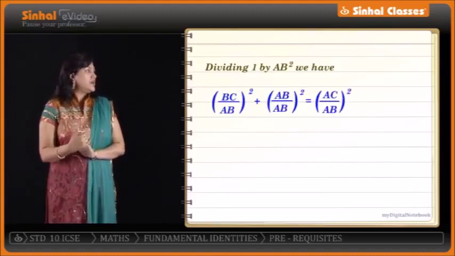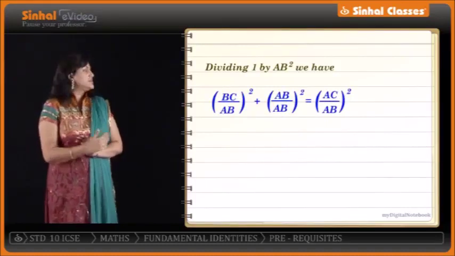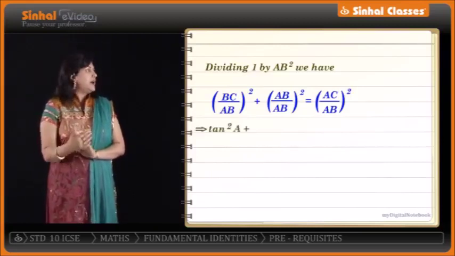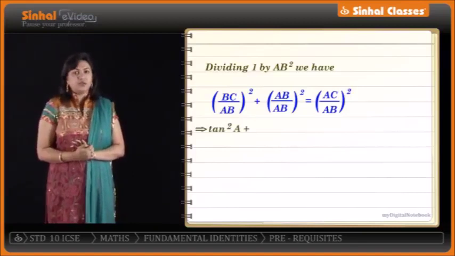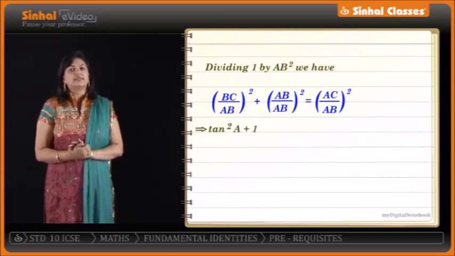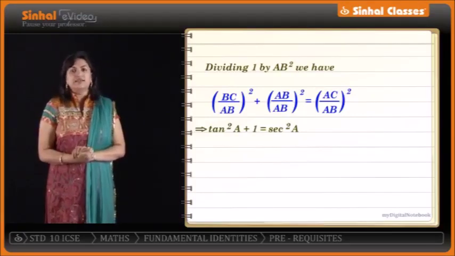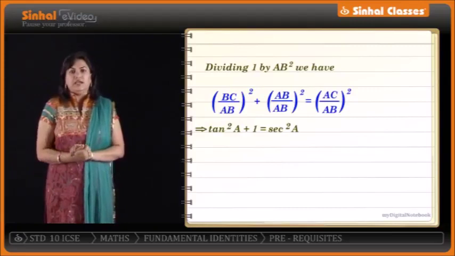Now what is BC upon AB? That is opposite upon adjacent. So we have tan square A plus AB upon AB gives us 1 and AC upon AB, that is sec A. So we have sec square A. So the equation becomes tan square A plus 1 is equal to sec square A.